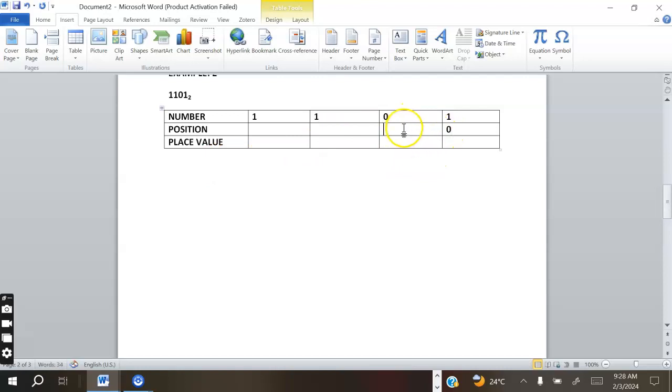You start from the right, that is from 0, 1, 2, and 3. This is 3.